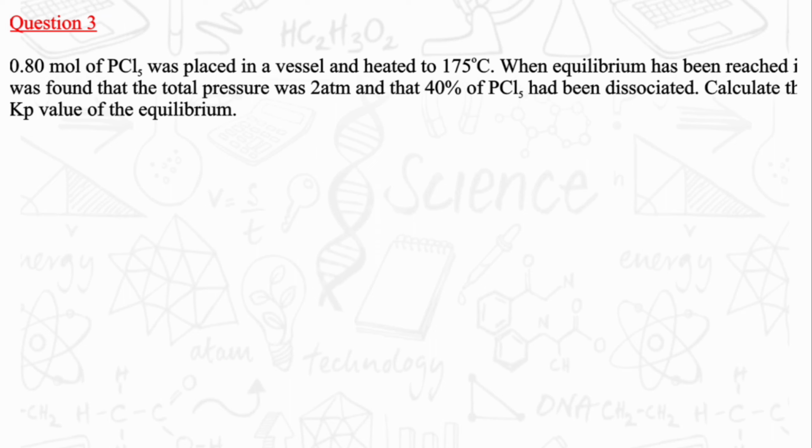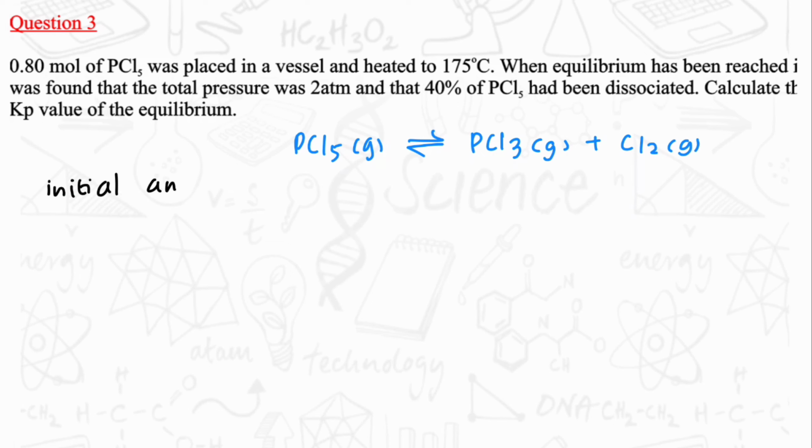Calculate the Kp value of the equilibrium. Let's write the chemical equation. PCl5 gas will dissociate into PCl3 gas plus Cl2 gas. The initial amount, we have 0.8 moles of PCl5. We don't have any PCl3 or Cl2 gases.